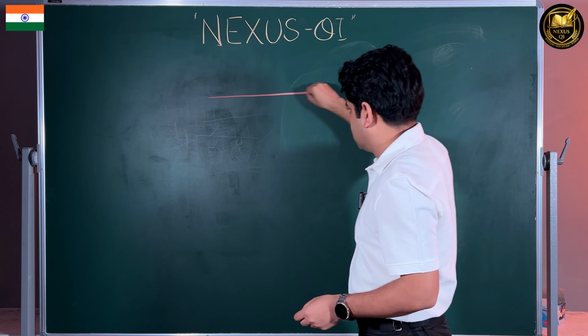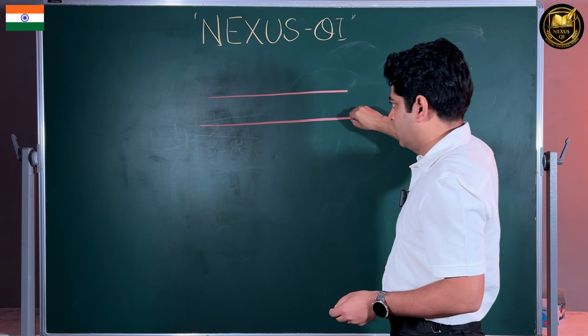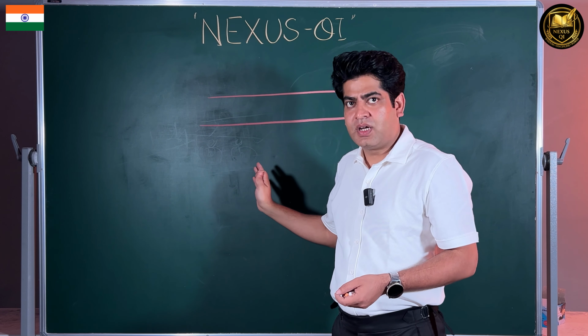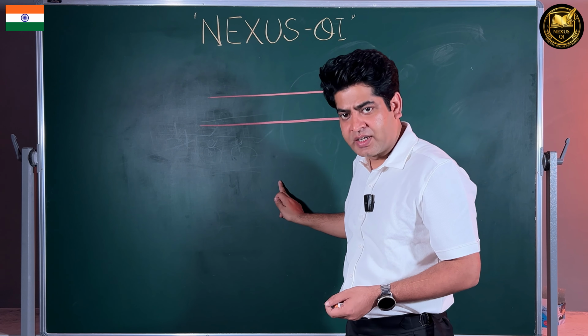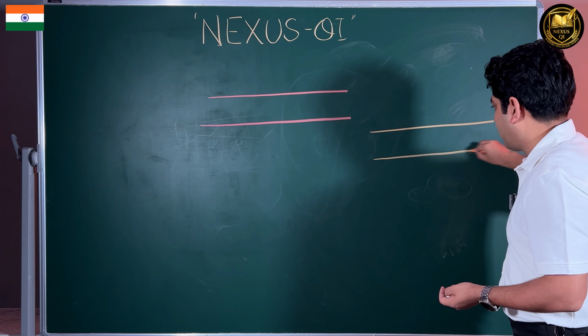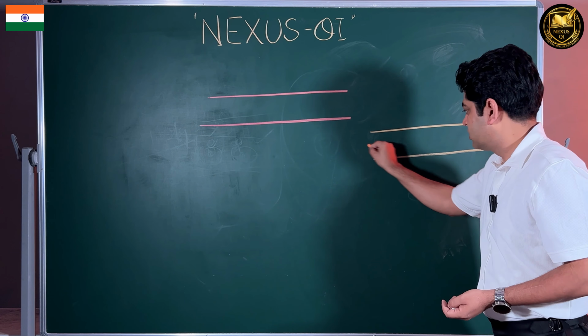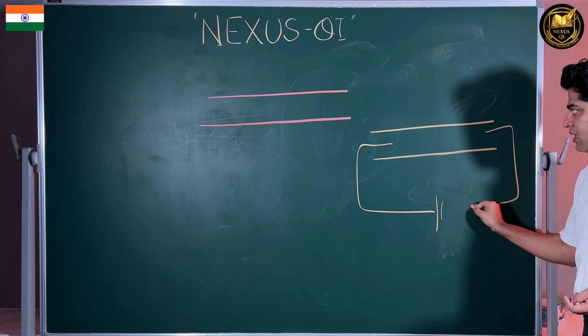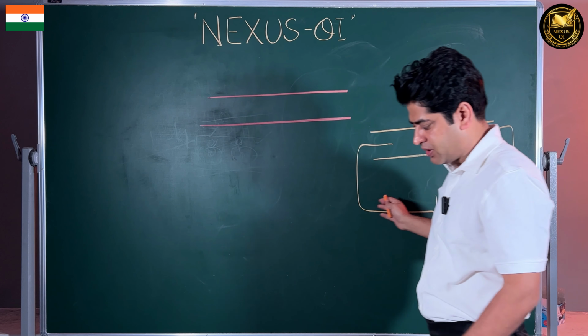So, this is a copper rod without being attached to any type of energy source, and now we have a copper wire that is attached with an energy source. What is the major difference in between?